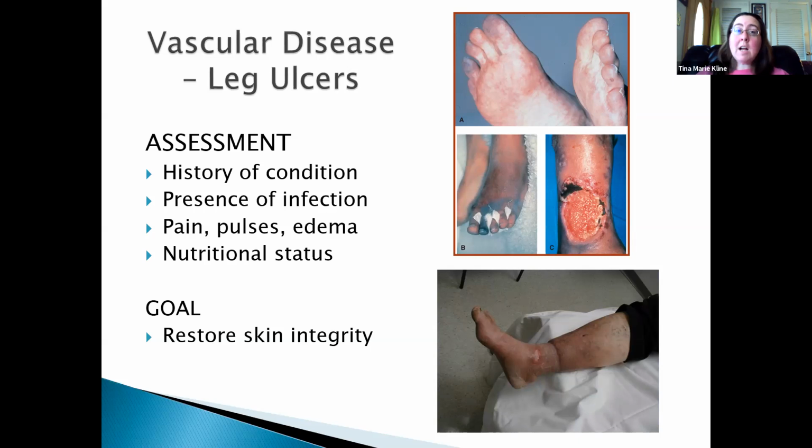Now we talked about in the hospital, before you document that a pulse is truly absent, you should be checking it with a Doppler. But if you're assessing this at home, or in a place where you don't have a Doppler, then it's going to be 0, it's non-palpable, okay? The other thing that you'll see is a lot of times their lower extremities, particularly the anterior shins, will be shiny, and there will be a lack of hair growth.